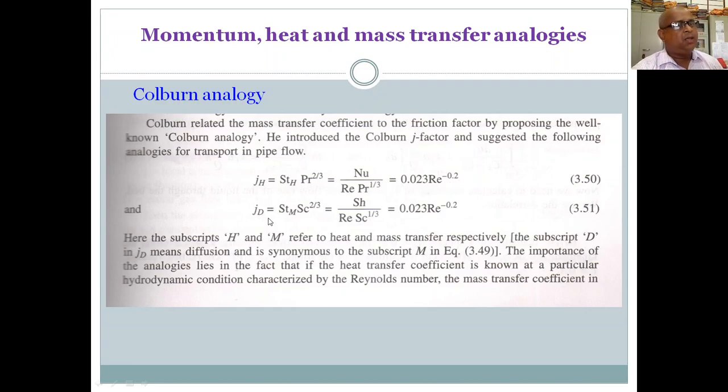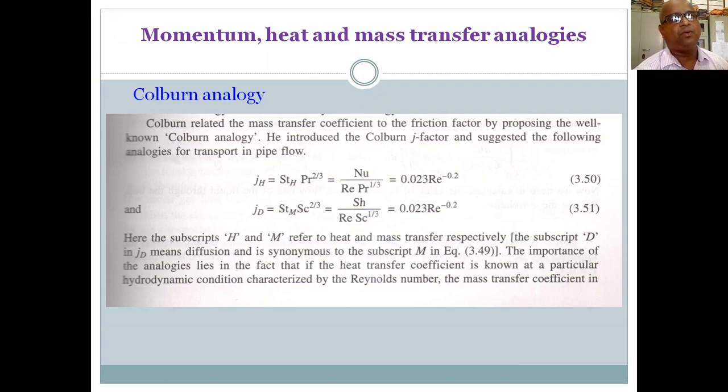And JD, that is for diffusion, mass transfer, is the Stanton number for mass into Schmidt number to the power 2/3, and this is also the same. It has been seen that this correlation, the Colburn analogy, is much more accurate than the Reynolds analogy and the Prandtl analogy.